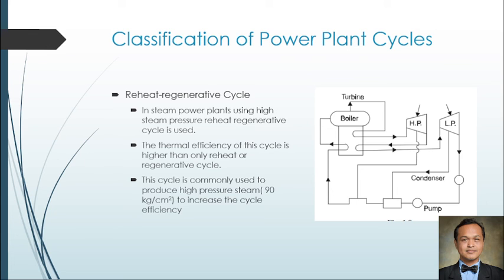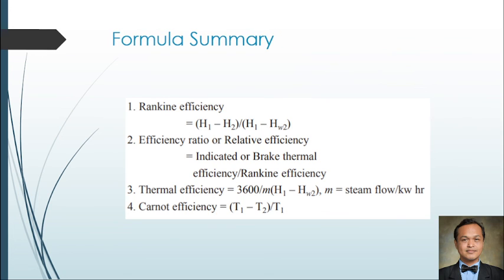As a summary, the thermal efficiency of the Rankine cycle is equal to H1 minus H2 over H1 minus the heat of the water at the second portion. The relative efficiency ratio indicates the brake thermal efficiency divided by the Rankine efficiency.